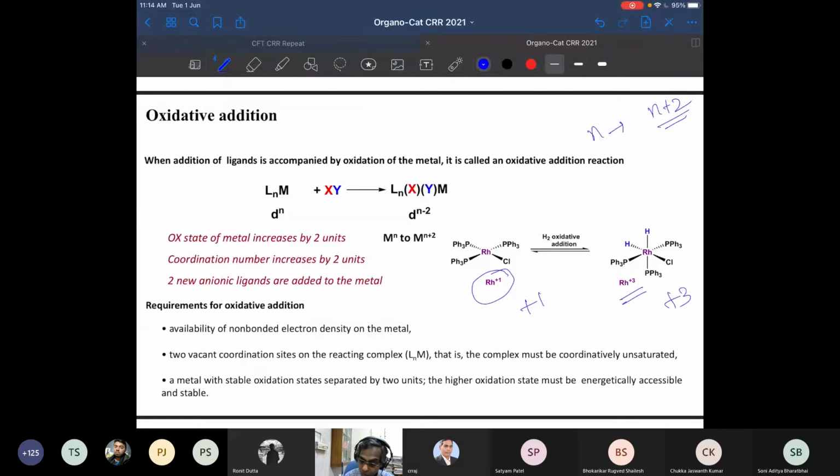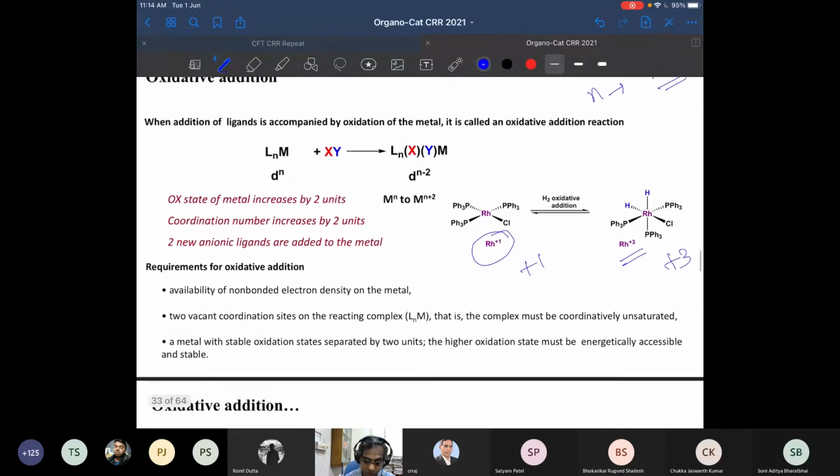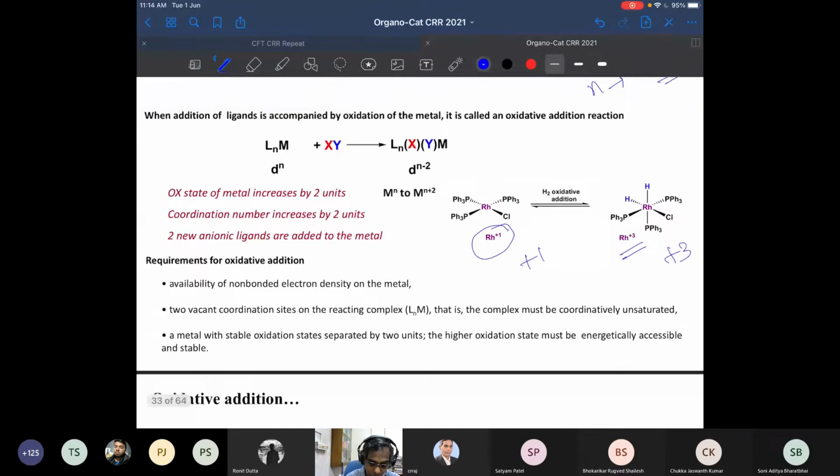Now, what is the requirement for the oxidative addition? The availability of non-bonded electron density on the metal is mandatory, along with two vacant coordination sites in the metal center. That's what I said: coordinatively unsaturated, like a 16 electron complex. The metal needs stable oxidation states separated by 2 units.